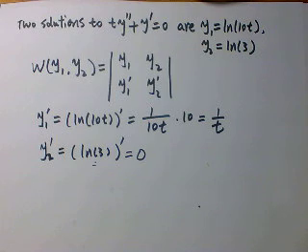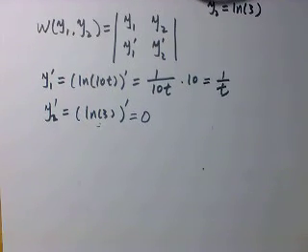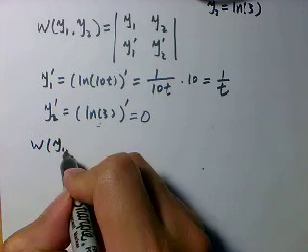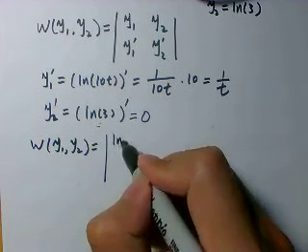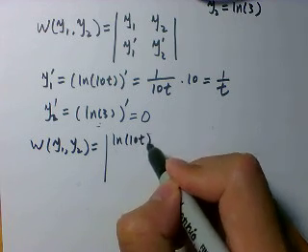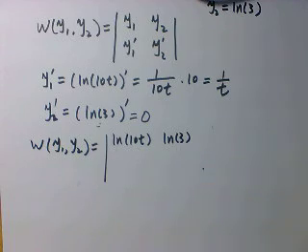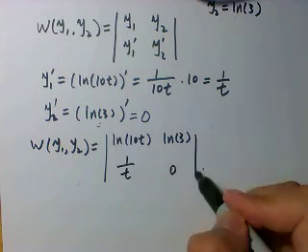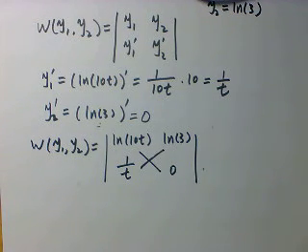We can plug everything into the formula. Okay, so let's plug in. y1 is ln 10t, y2 is ln 3, and the derivative here is 1 over t, here is 0. Then do the cross product.